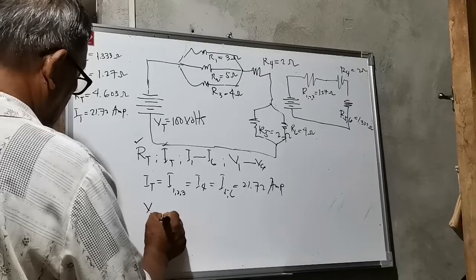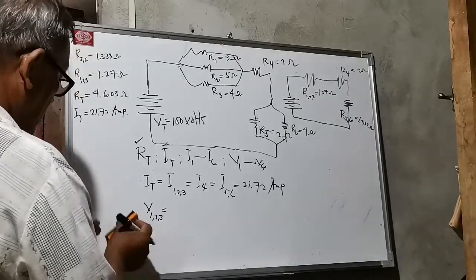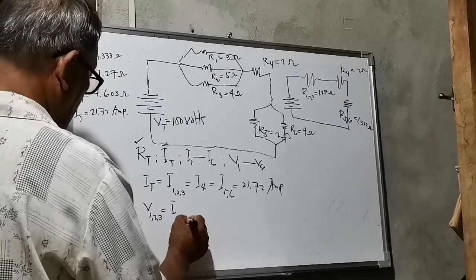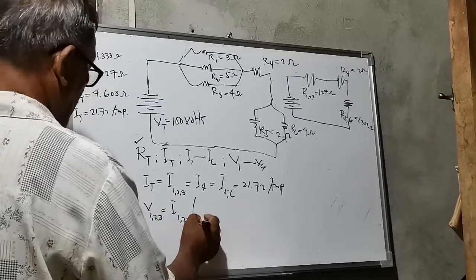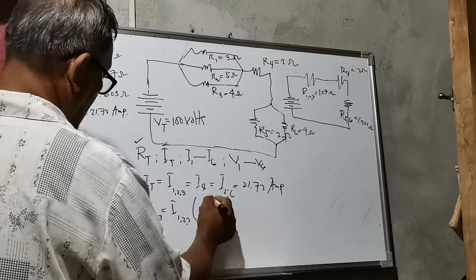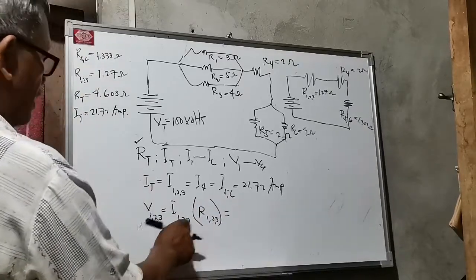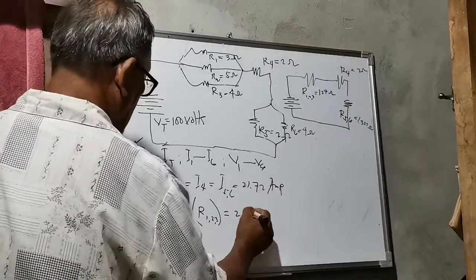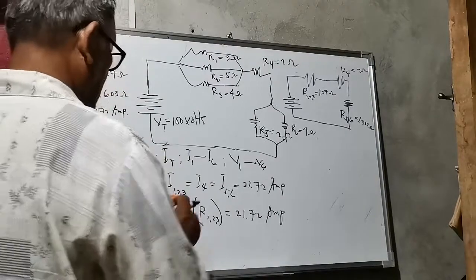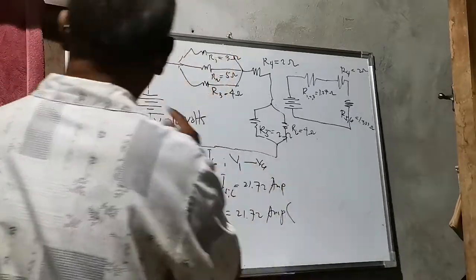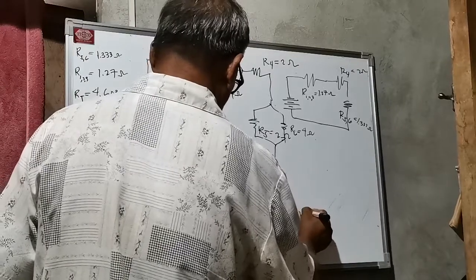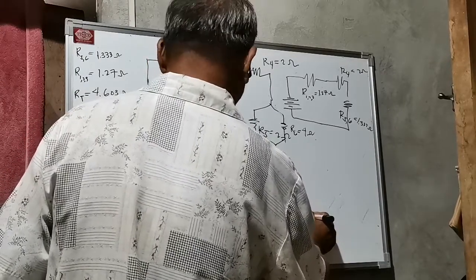V123, using this general formula, I123 multiplied by R123. Okay. I123 is 21.72 amperes. And R123 is 1.27 ohms.